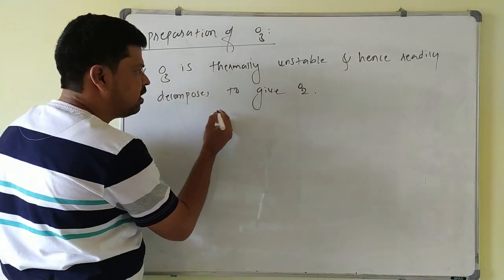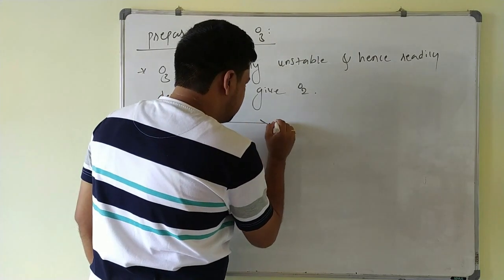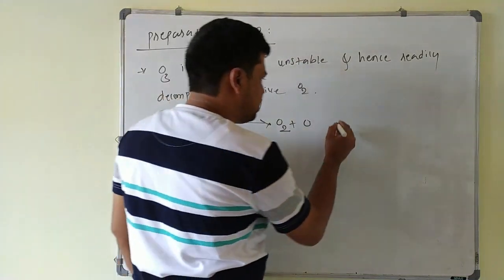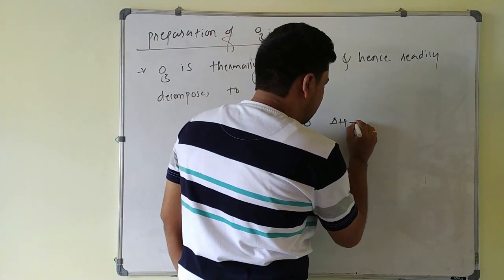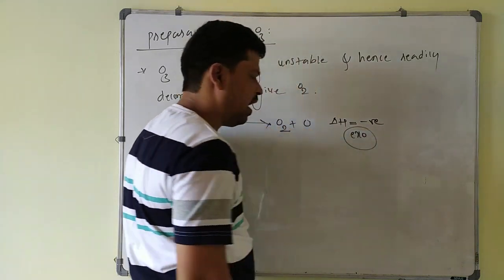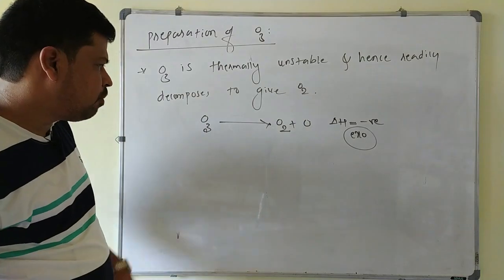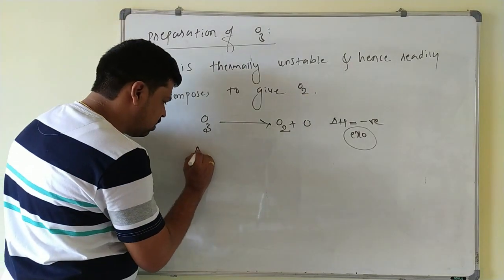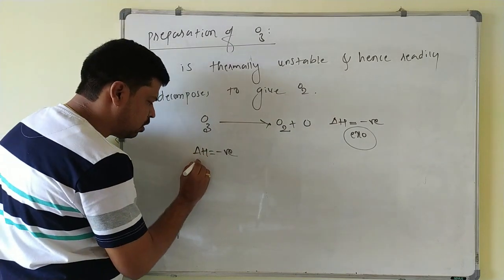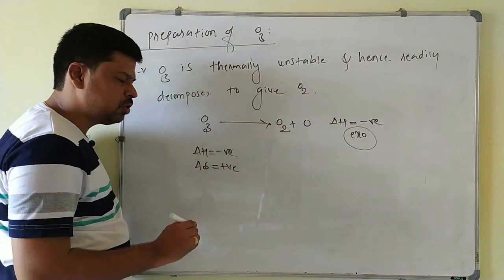So this O3 readily decomposes to give dioxygen and one atomic oxygen. For this, the delta H value is negative, and the decomposition is highly exothermic. For the decomposition of O3, delta S value is also positive, entropy also increases.